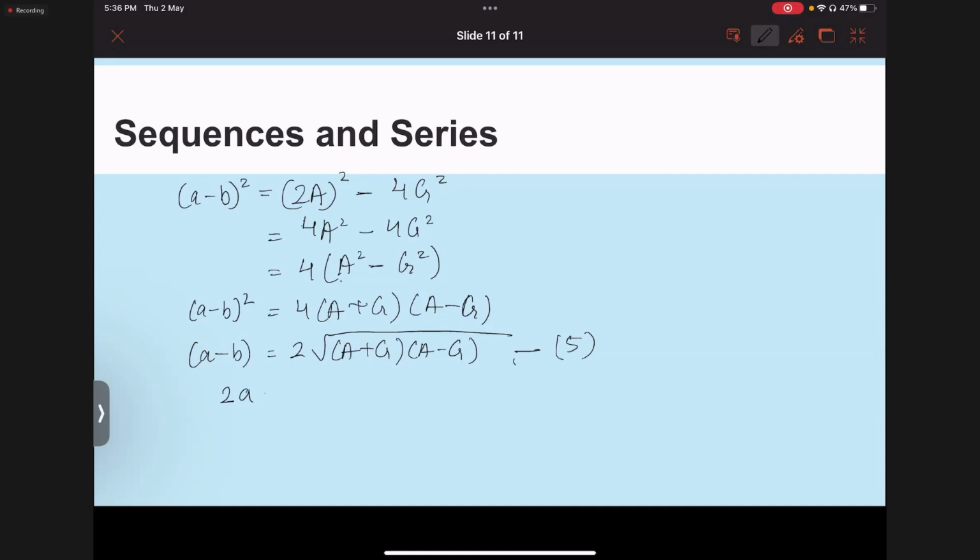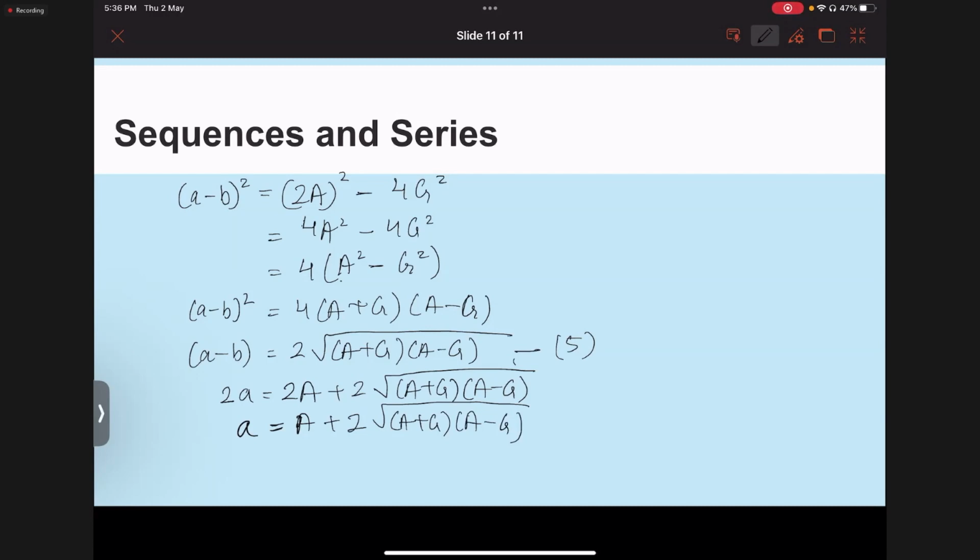So 2a is equal to 2a plus 2 under root (a + g)(a − g). Your 2 gets cancelled out everywhere. So a is equal to a plus under root (a + g)(a − g).